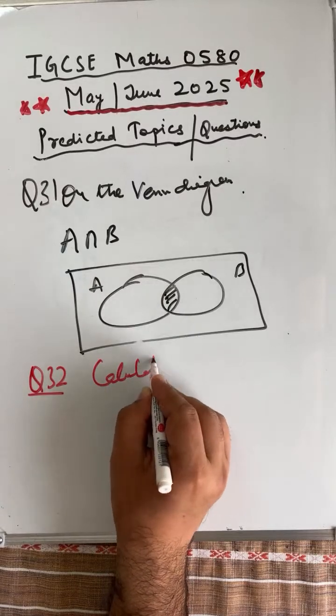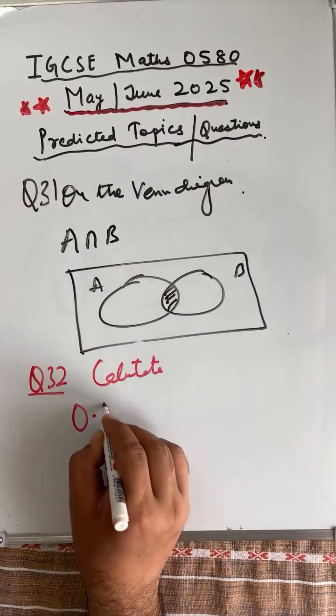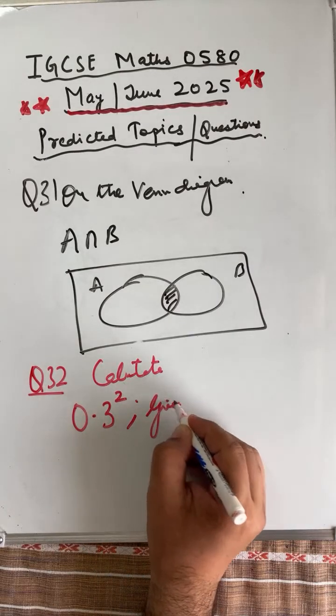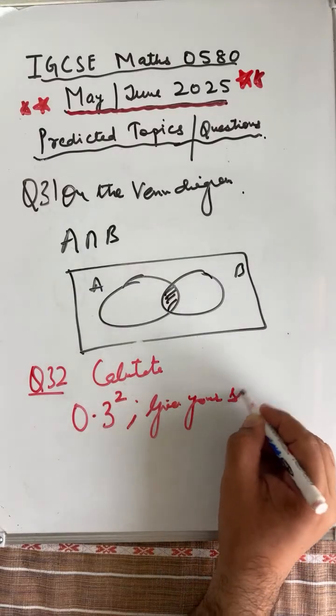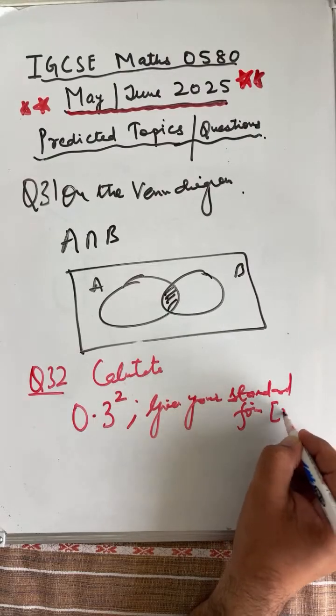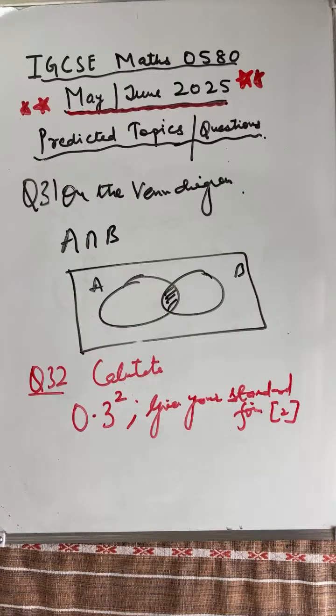Calculate 0.3 square and give your answer in standard form. Now try to solve this and write your answer in the comment section.